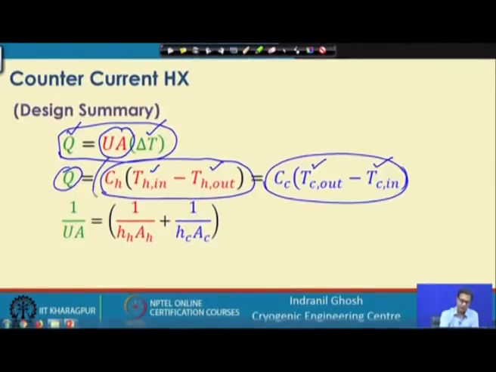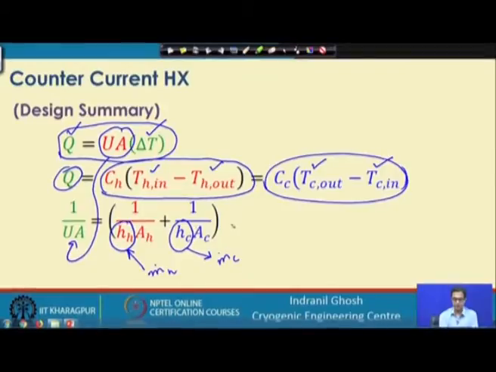So, this UA will now come to this equation where it is the combination of 1 by h_h A_h and h_c A_c. Now, the hot side heat transfer coefficient can also be obtained because we know the mass flow rate m_h dot. We can also find out h_c because the corresponding mass flow rate m_c dot is also known. Then we can try to find out the A_h and A_c.